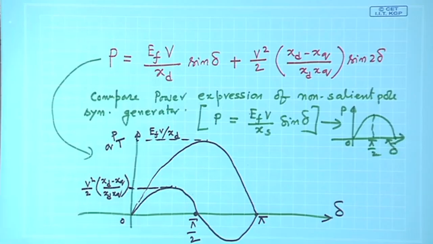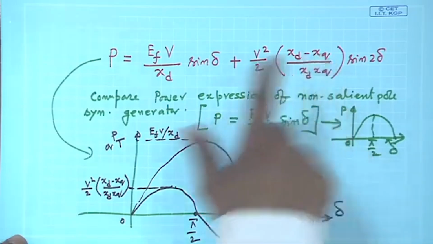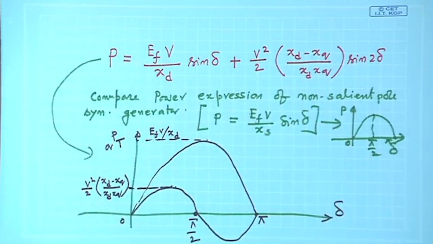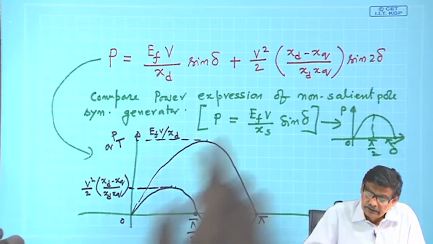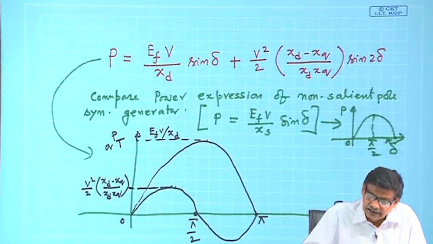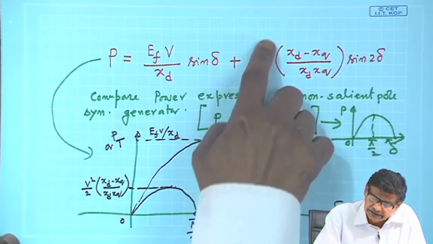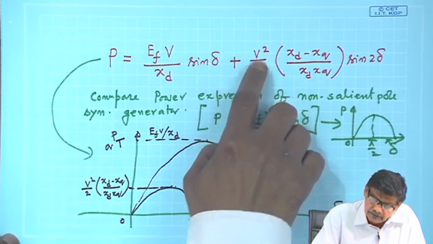There is no difference between direct axis and quadrature axis reactances, and this term will vanish and only the sin delta term will be present if XD is equal to XQ. However, in a salient pole machine, XD is not equal to XQ. There will be a difference, but not much difference, and V is the terminal voltage. This is a large number, no doubt.